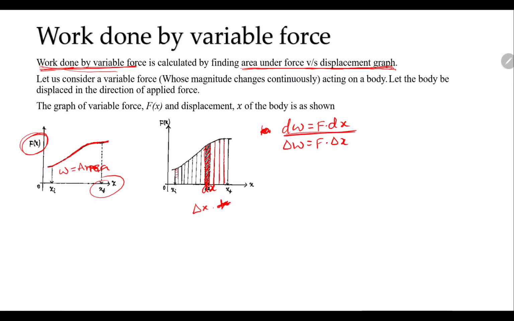So we can find the work done for all the components of displacement with respect to force. Then we can find the total work done by adding them. So what is the work done here? For force F1, what is the work done here? Force F2. So force is varying, but displacements are the same. Displacements are not varying.